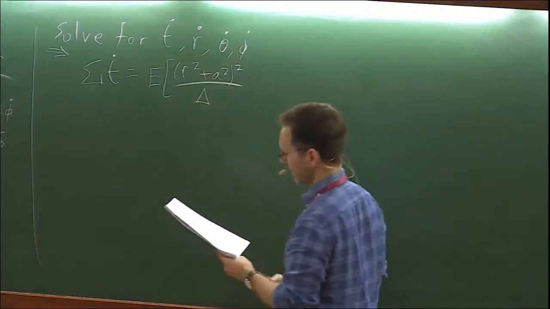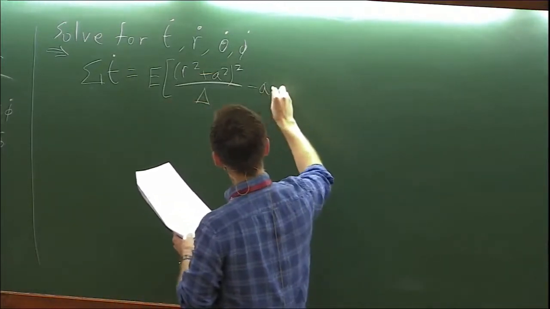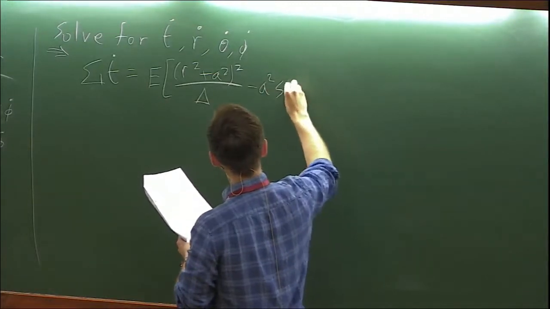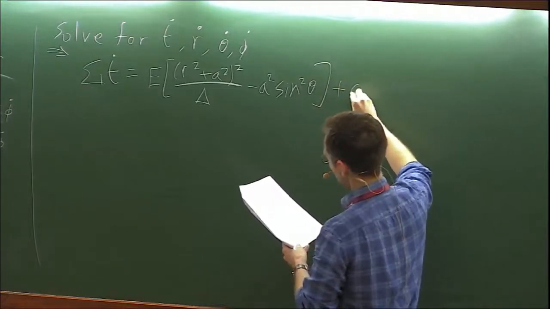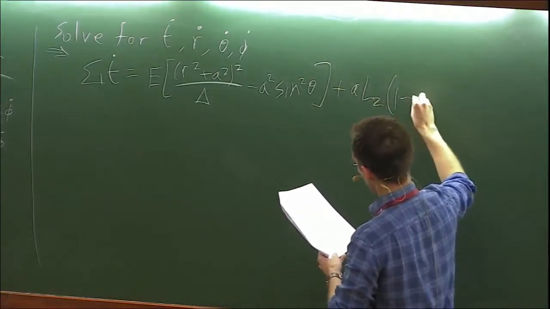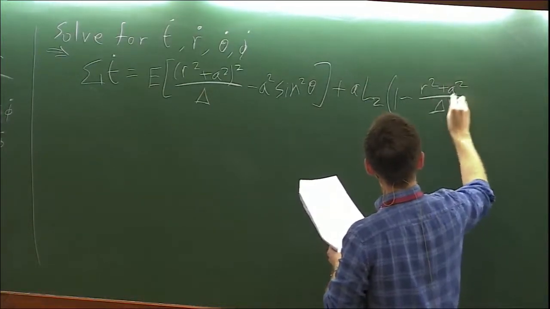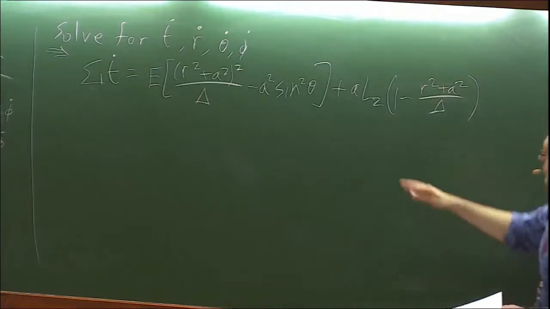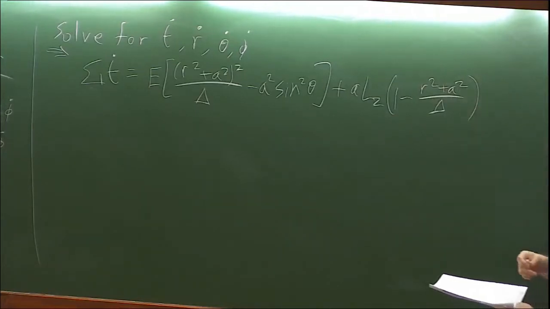Remember, delta was the other function that appeared in the metric. So we have a pretty long, ugly-looking equation for t dot.